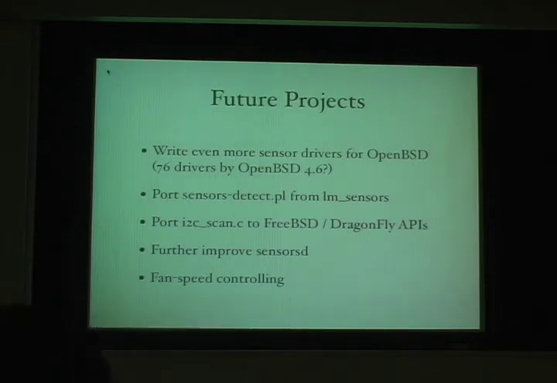sensorsd has been improved in, I think, 4.3 and 4.4, but it still lacks some interesting functionality. And in the paper, I described some of the functionality that it's lacking. One of the most interesting topics that I was personally interested in originally, when I started working on this framework back at the University, is fan speed controlling.